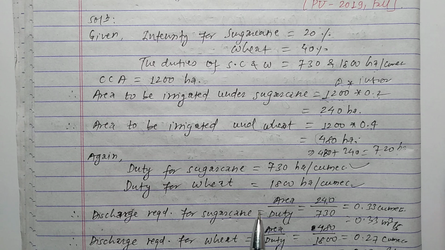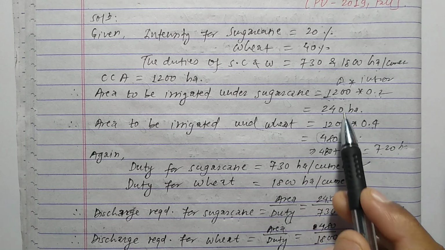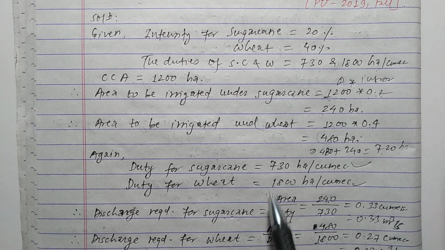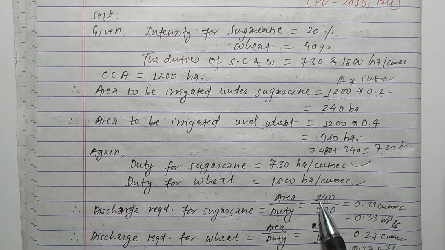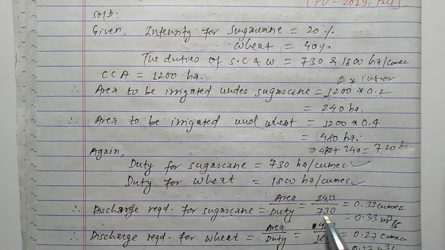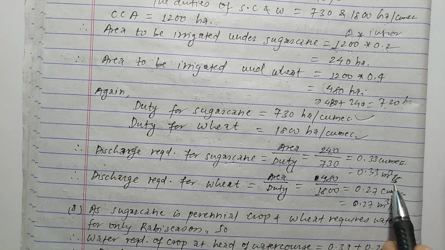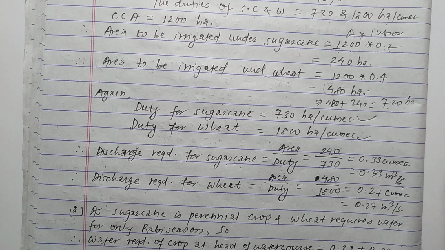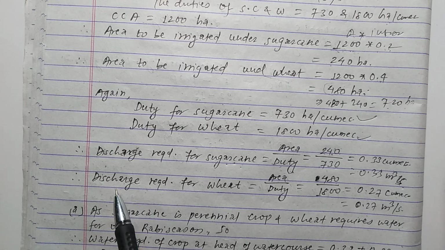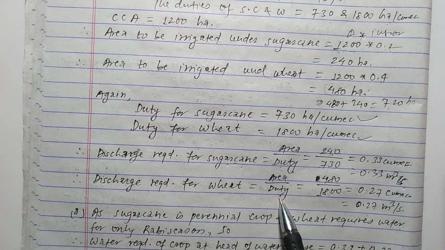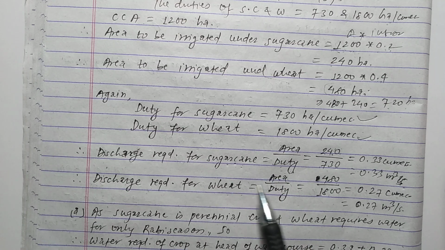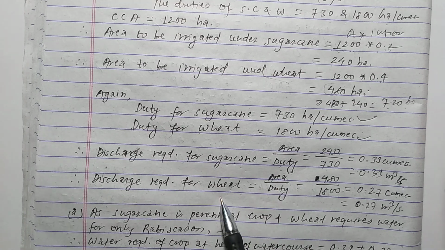So the area of sugar cane we have calculated is 240, by duty of sugar cane equal to 730. So 240 by 730, its value becomes 0.33 cumec, or you can say 0.33 meter cube per second. And now we have to calculate discharge for wheat equal to area by duty. For the wheat, we have to take the area for wheat and duty for wheat.